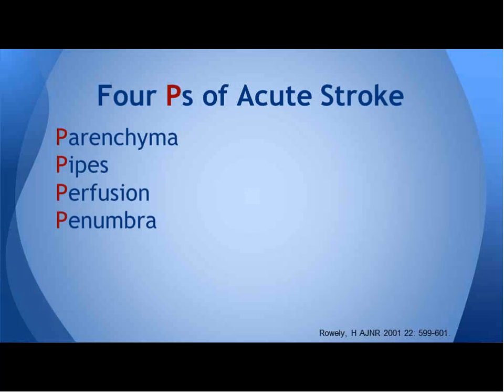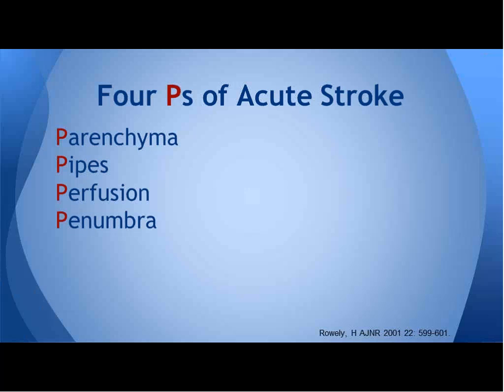Rowley and his group in 2001 developed a very nice, simple system for classifying and the management of acute stroke radiologically, and I've just kind of taken that and applied it to general practice. So the 4 Ps of acute stroke. Parenchyma exactly tells us what type of stroke it is, or what does the parenchyma look like. Type, what blood vessels are involved. Perfusion, how has the perfusion generally been affected by the stroke.